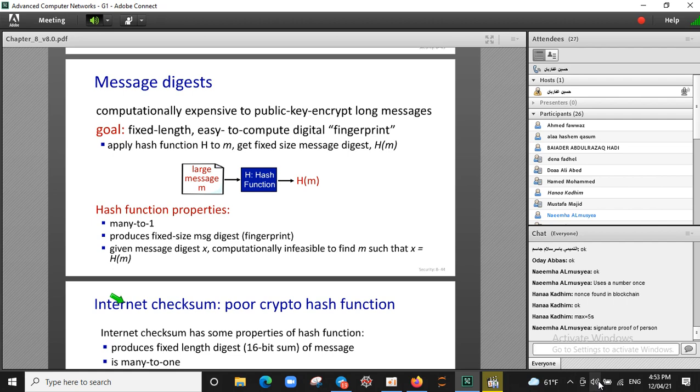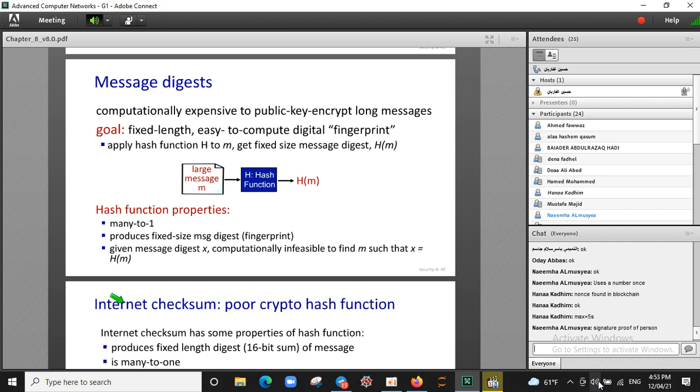Because I know that if I use public key and private key for long messages, I have to pay too many computations, for time, for space, for computation power.